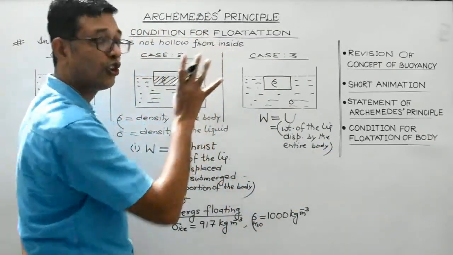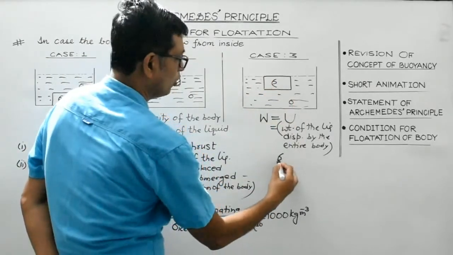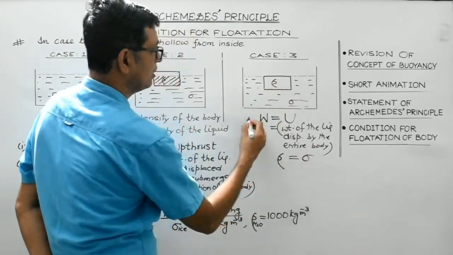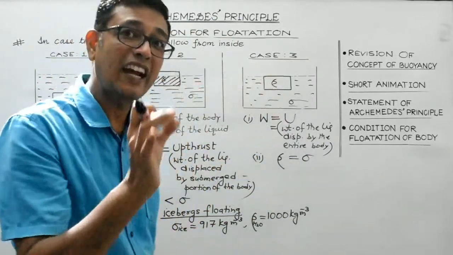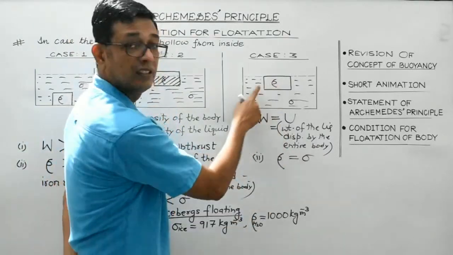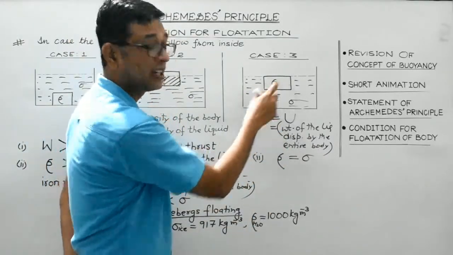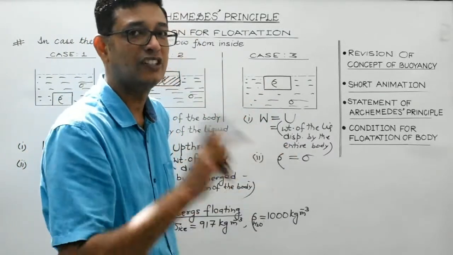And if the body is not hollow from inside, then the density rho must be exactly equal to sigma. That is, the density of the body must be exactly equal to the density of the liquid. It is only when this condition is satisfied that the body can float while totally submerged inside the liquid.